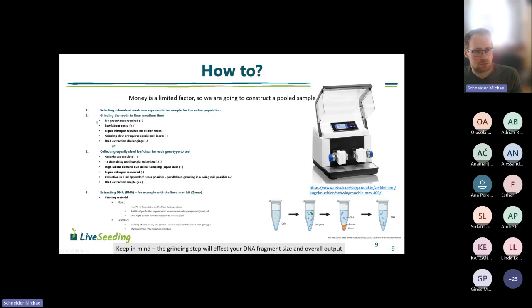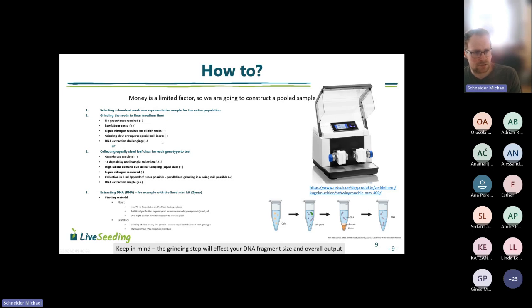Then you grind this to flour and extract the DNA directly from it. This has the advantage that you don't need to grow them in a greenhouse and don't have to spend a lot on labor costs collecting the DNA from the plants that you also have to take care of.